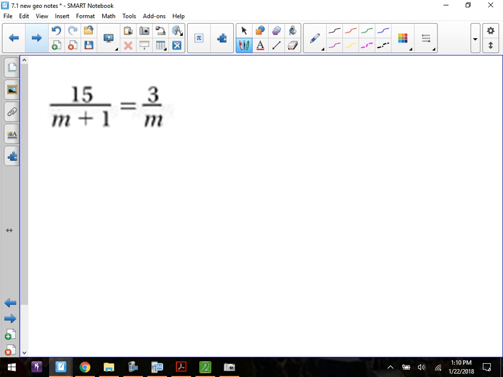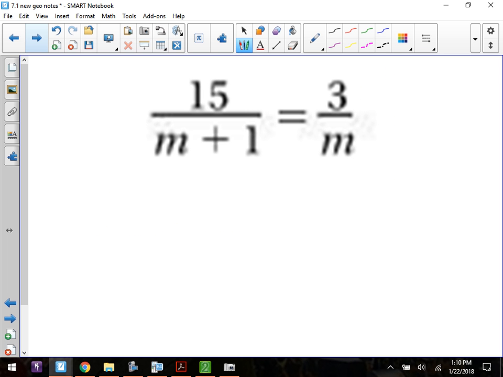So the only thing that's going to be a little bit weird with this, that you have to be careful, is when you have problems like this. Most students can do this scenario without a big deal, but most people will make a dumb mistake. Whenever you see cross products that you have to cross multiply, and you have a variable with something tied into it, make sure you put it in parentheses to distribute, right?